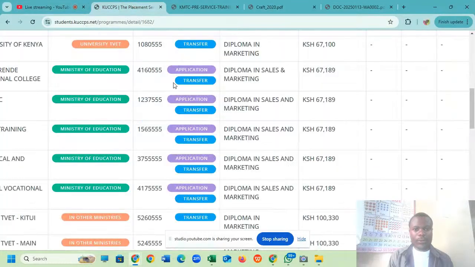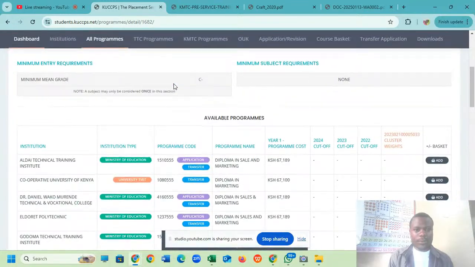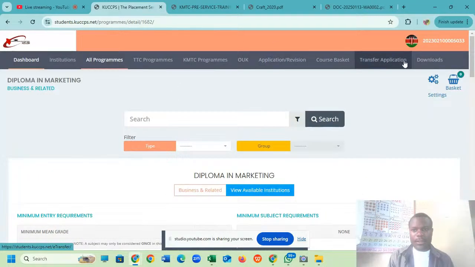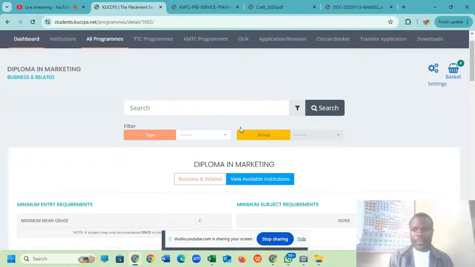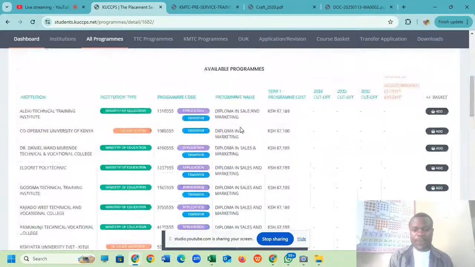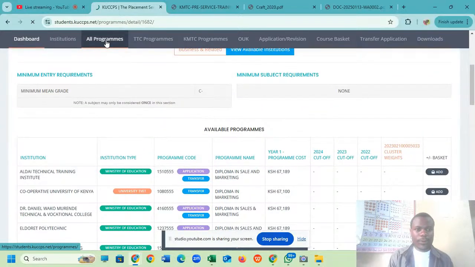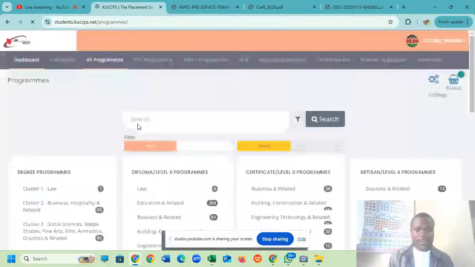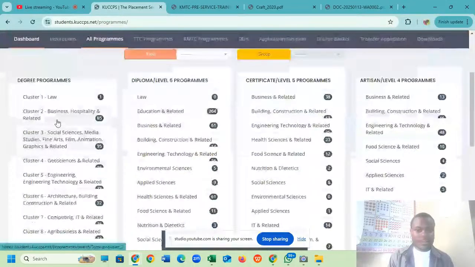So when you go to the KUCCPS portal, you log in. But the 2024 KCSE candidates will not be able to log in right now until they open the KUCCPS application. Your details and results have not been updated on the portal. That's why when you go to all programs, you will find that there is a column that is blank.